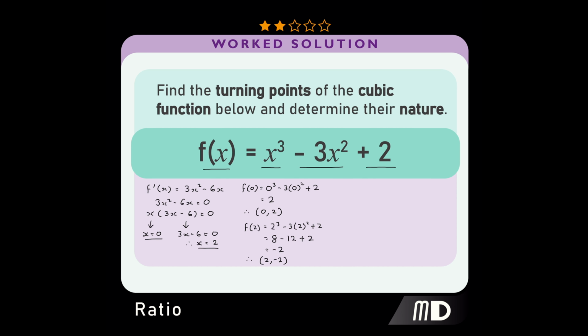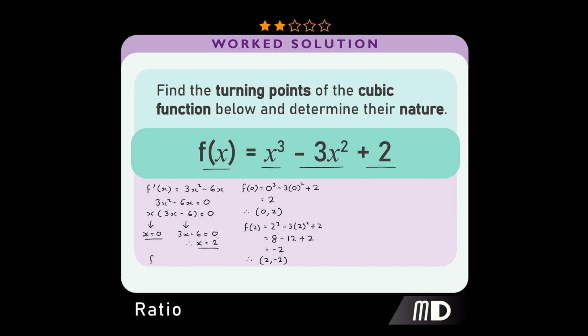Next, we need to find the second derivative. We do that by differentiating f dash x equal to 3x squared minus 6x, the same method as before. 3x squared becomes 6x, and 6x becomes 6.